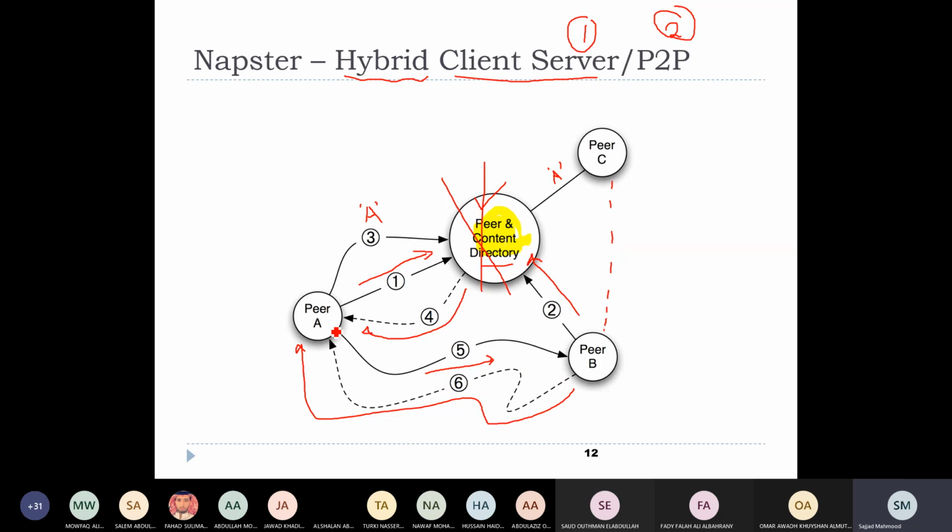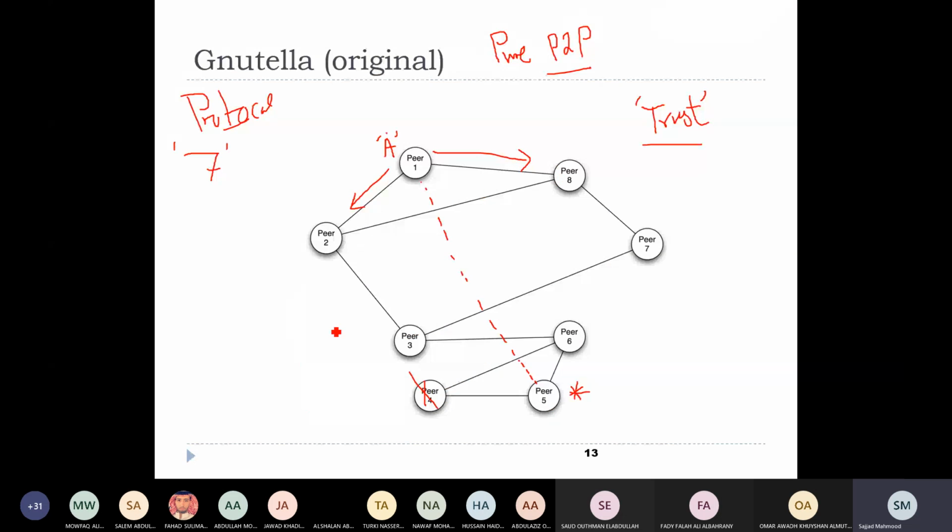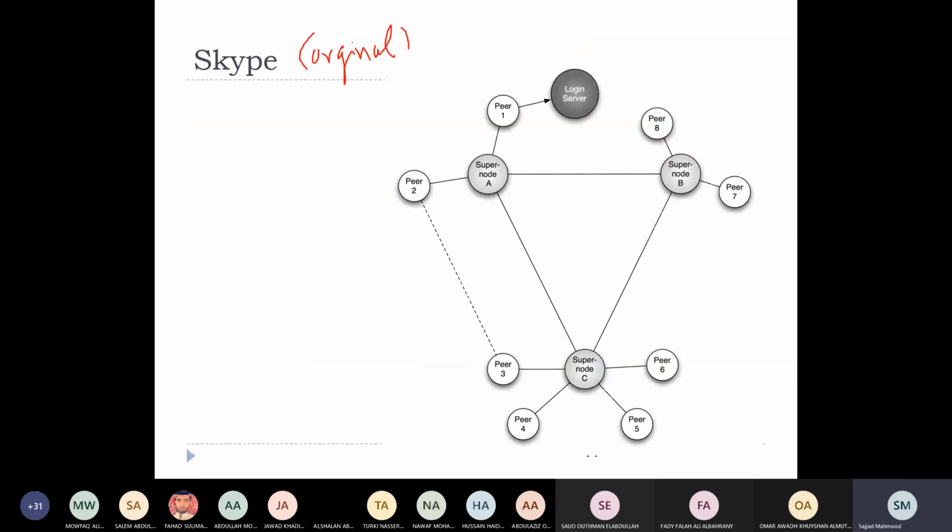It was not even the case in Gnutella because the aims of these two systems were completely different. While in Skype, they want people to make calls to each other, and they want to make sure that the identities of the individuals are also available to the one who is receiving the call, a video call or an audio call. So they come up with this solution where they wanted to tap the benefit of P2P because of its robustness and scalability.